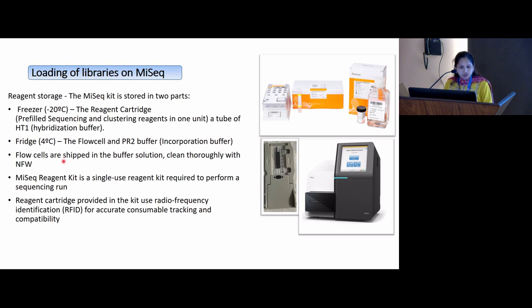For MiSeq, flow cells are shipped in a buffer solution. So before loading onto a MiSeq, we need to clean them thoroughly with nuclease-free water. And the MiSeq reagent kit is a single-use reagent kit, which is required to perform the sequencing run. And the reagent cartridge is provided with RFID identification for accurate consumable tracking and compatibility.